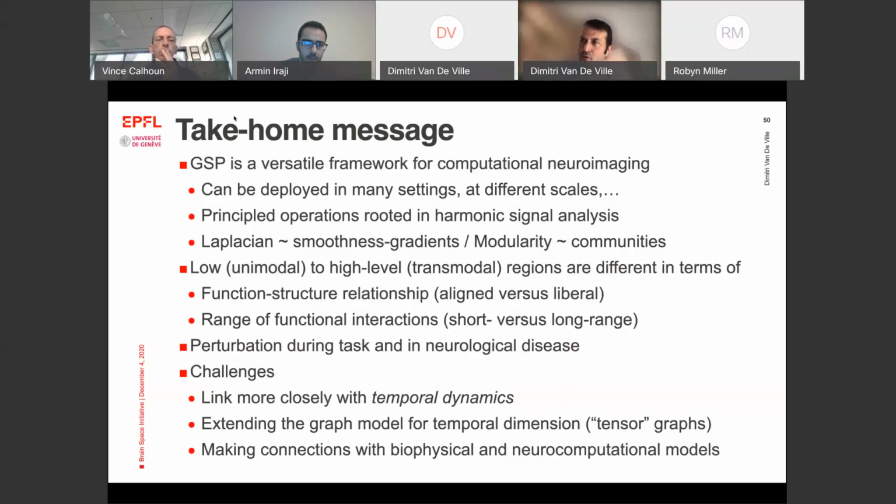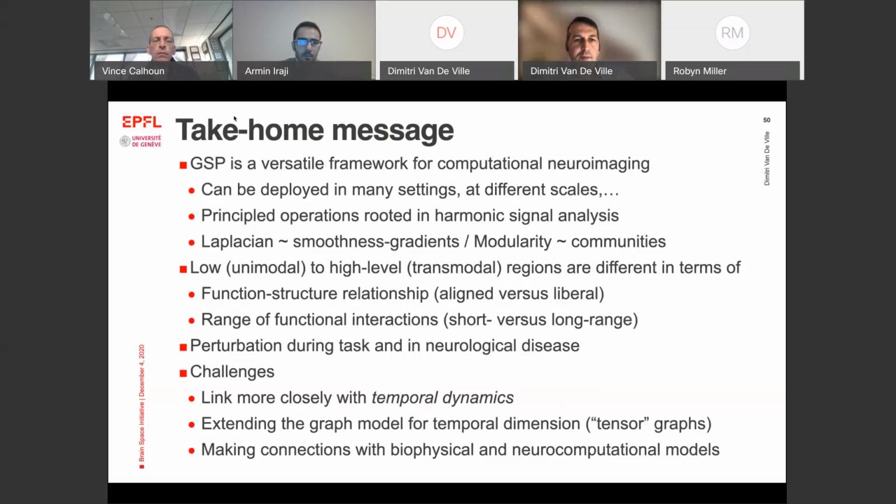Conceptually, this would be a huge graph because each node would be represented for each separate time point, but it's not necessarily needed to define that graph explicitly. You could come up with graph signal processing operations that implicitly use that huge tensor graph, but can still be implemented in a very efficient way.